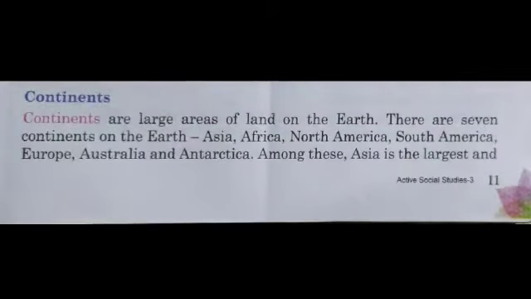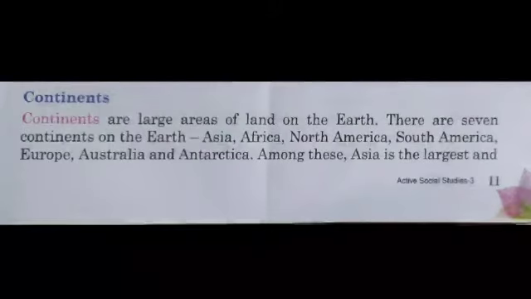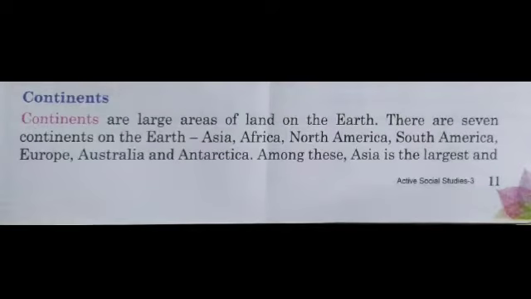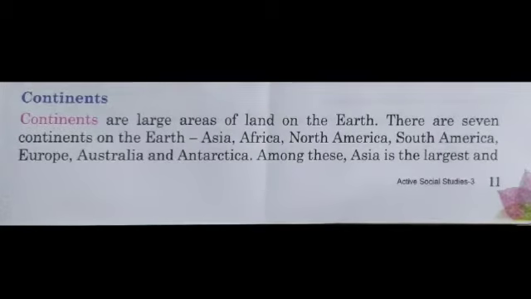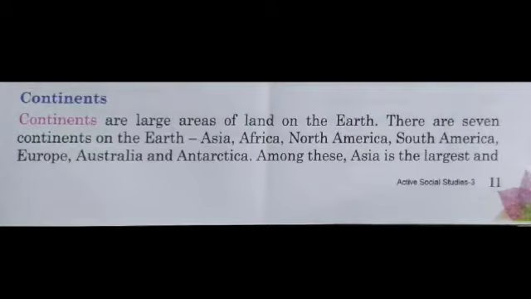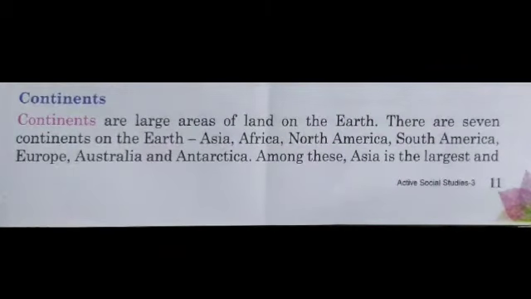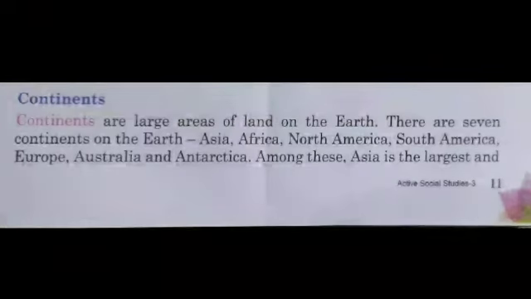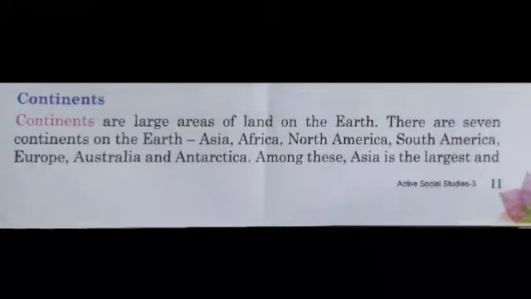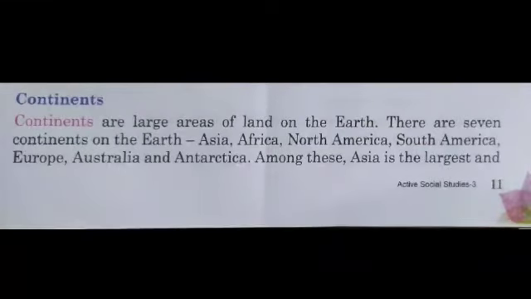Continent means a large area of land on the earth, and there are 7 continents. And among these, the largest continent is Asia. Remember it, the largest continent is Asia and the smallest continent is Australia.